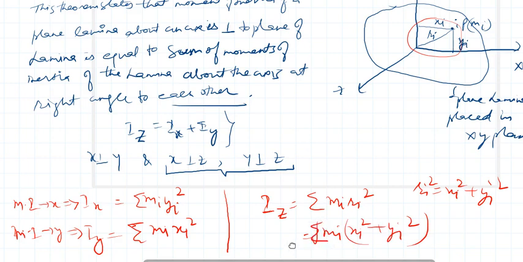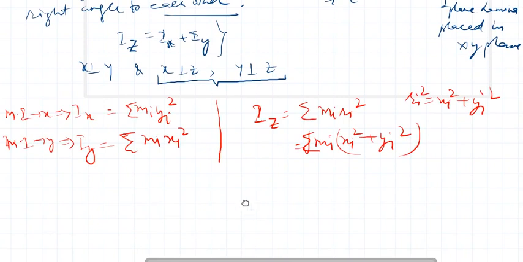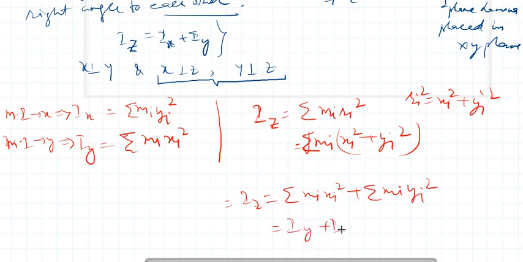After simplification, this leads to Iz equal to the summation of mi xi square plus the summation of mi yi square, and this is Iy and this is Ix, using the two results here.